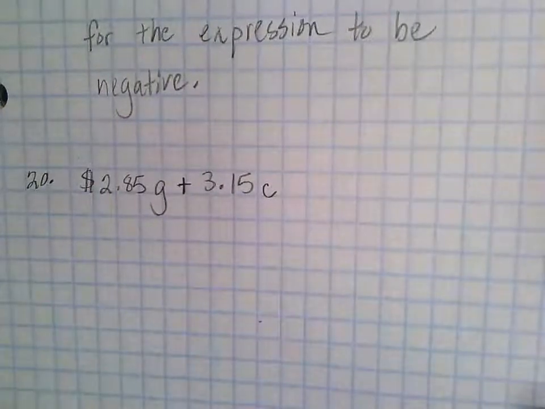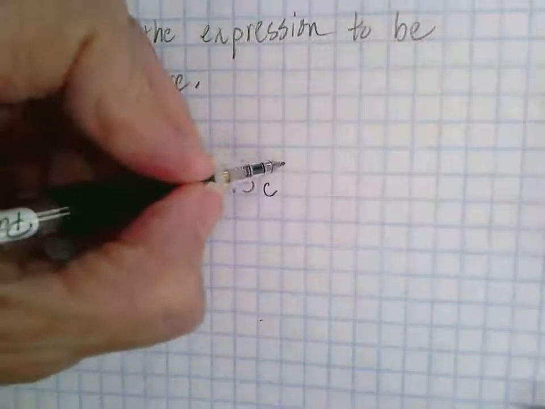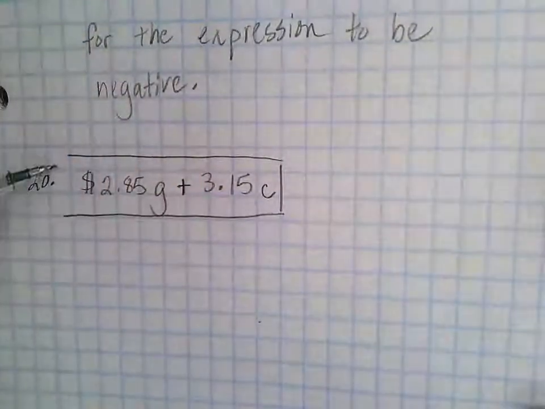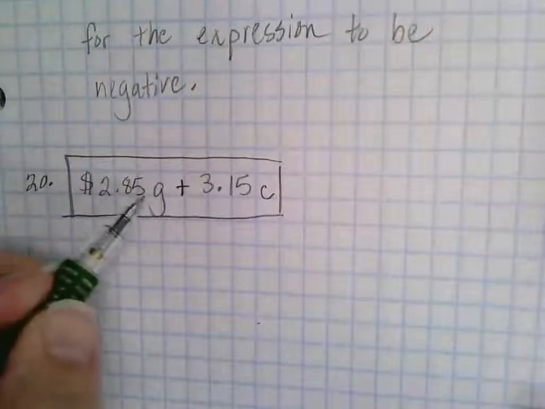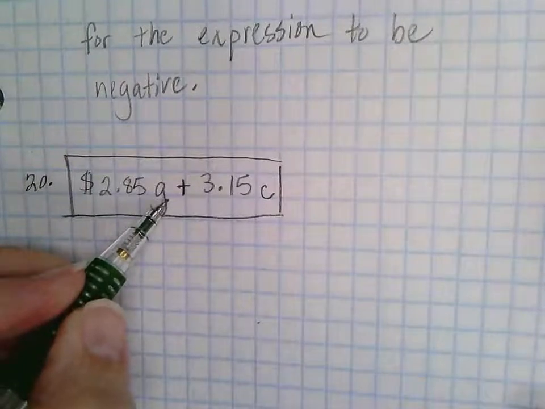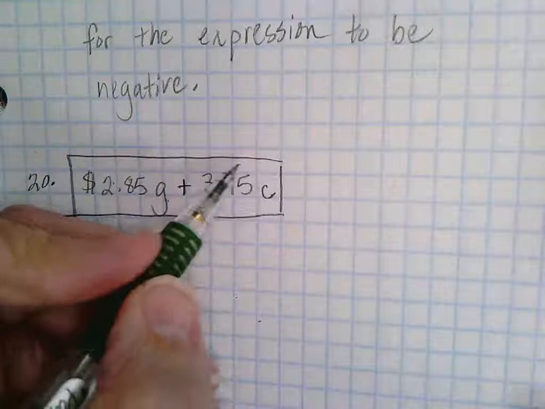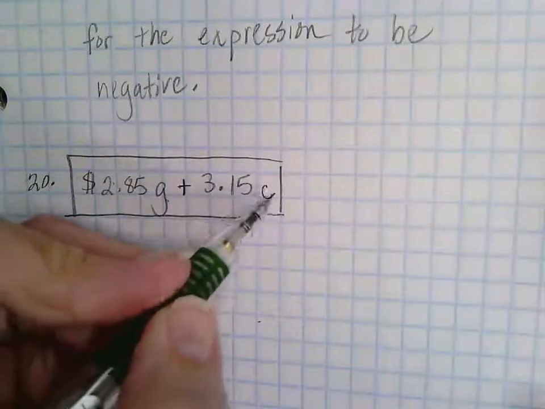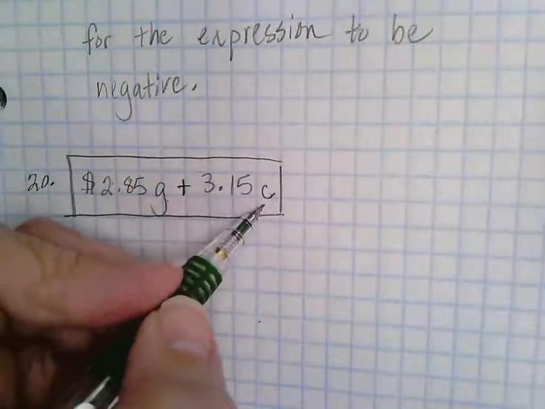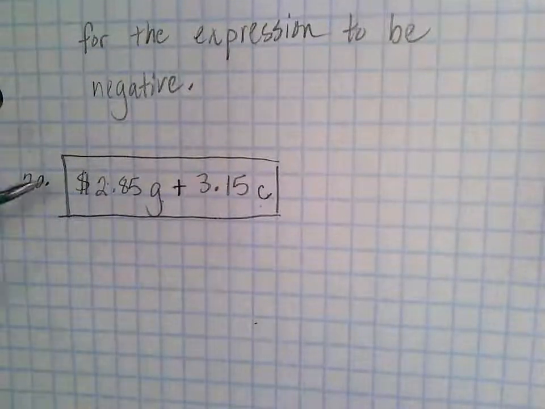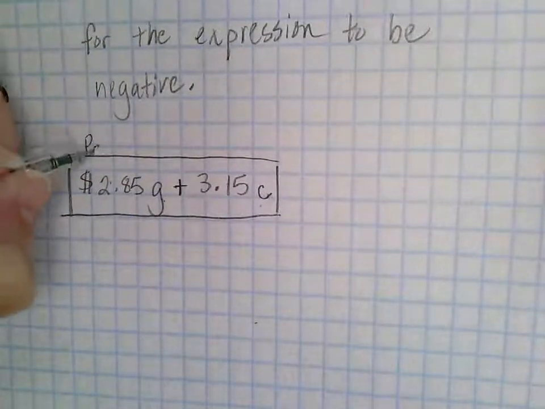They're just asking me for the expression. Depending upon how many gallons he bought of gasoline and how many cans of oil he bought, we can use this expression to figure out the total. So that's part A.